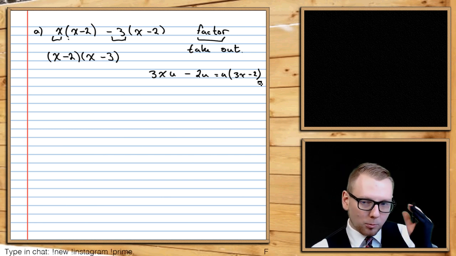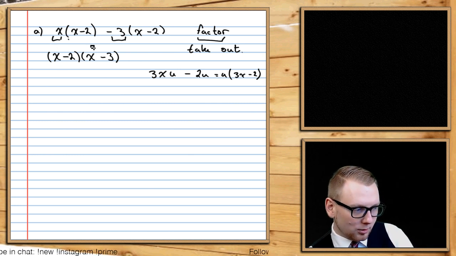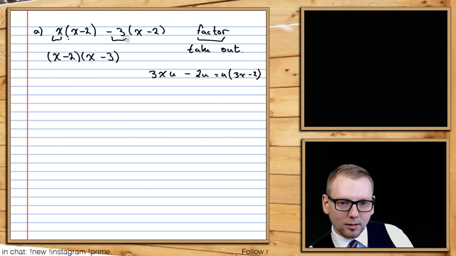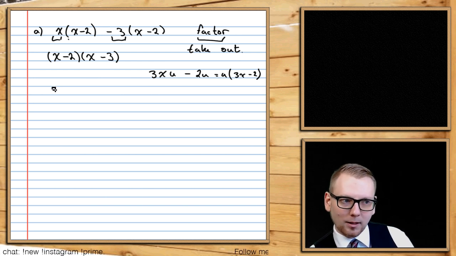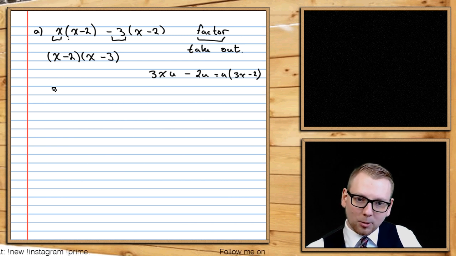The word factor, factoring, and all that stuff literally just means doing this process. This is factoring. In the other one, it wanted to know if they were equivalent. Well, you found out they were equivalent by factoring.